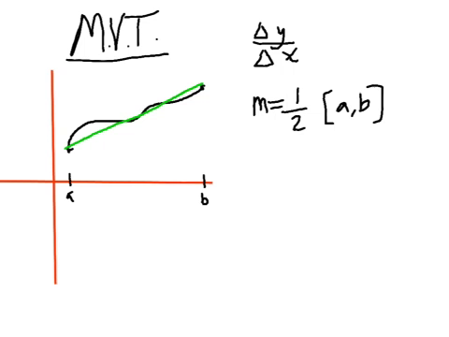So where on this graph does the instantaneous velocity equal the average slope? There are usually more than one places on the function where this happens. From my perspective right now, I can see one quite clearly, and that is right here. This will be our C point, or one of our C points.